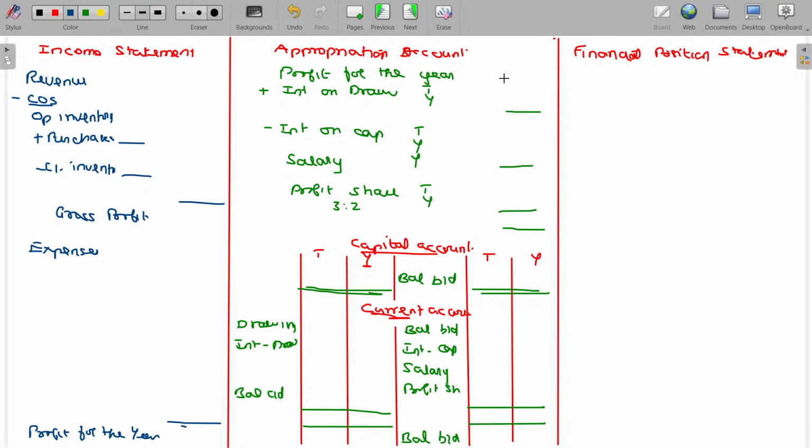Assets, we'll start with the assets. Non-current assets, tangible non-current assets. And if we have intangible assets, we can post that one also. And current assets, non-current assets and current assets.